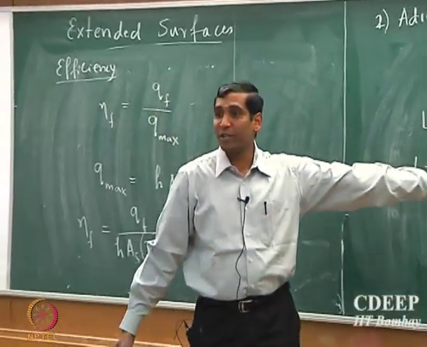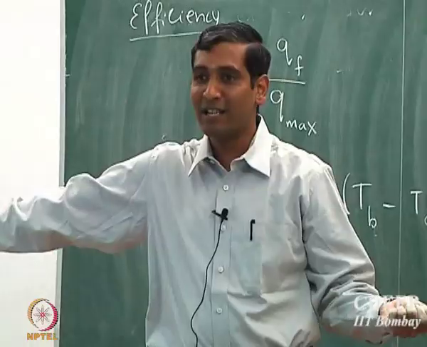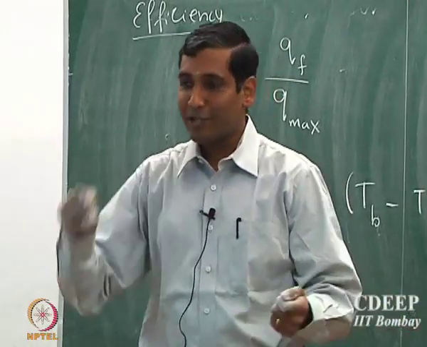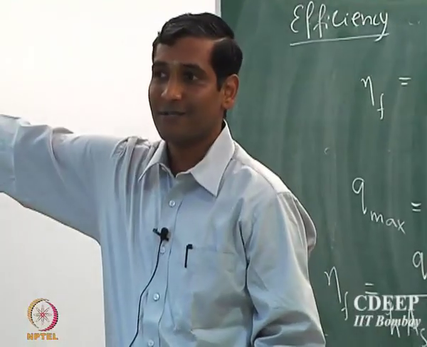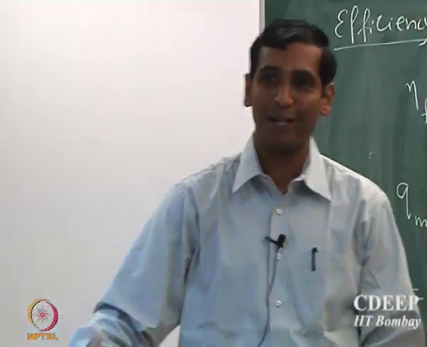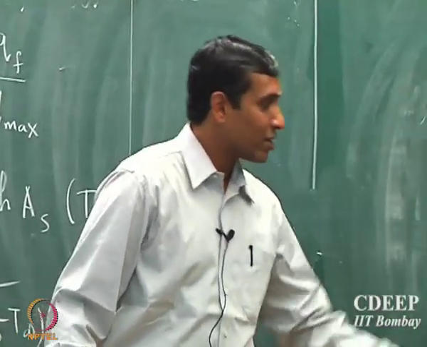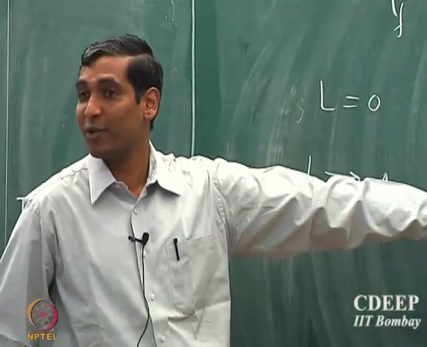The reason why the efficiency is very poor is that as the length increases, the driving force is constantly decreasing, because you have two processes occurring simultaneously. One is the conduction and the other one is the convection. So it's the driving force which is actually forcing the efficiency to be 0.